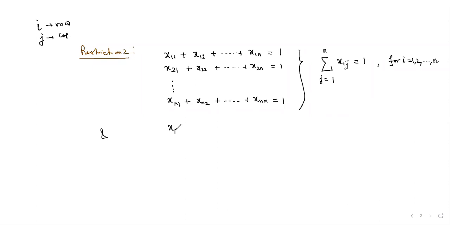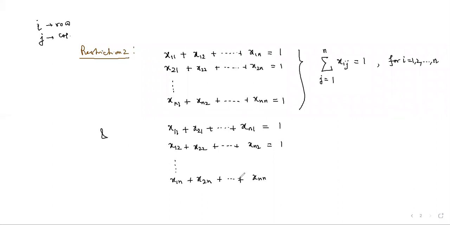I will get X11 plus X21 plus dot dot dot plus Xn1 equal to 1, X12 plus X22 plus dot dot dot plus Xn2 equal to 1, and in this manner X1n plus X2n plus dot dot dot plus Xnn equal to 1. If I want to compress the thing, I will write, okay, here you see the rows are varying. This is 1, that is 2, that is n.